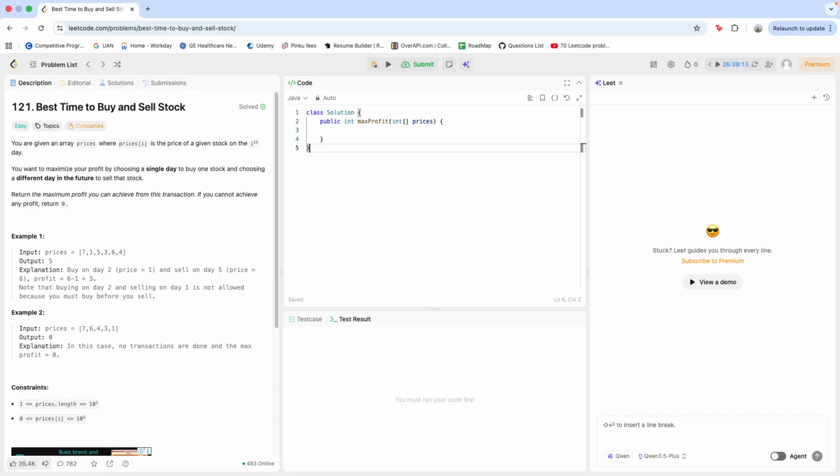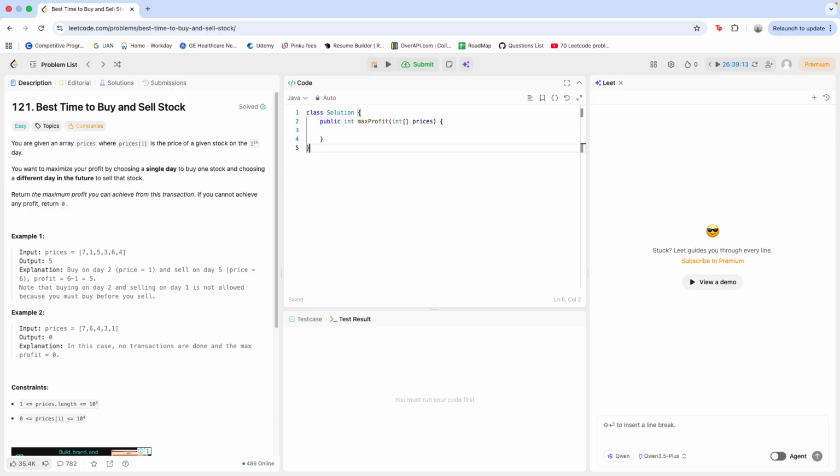For every pair, we calculate profit equal to sell price minus buy price. We keep track of the maximum profit, and the time complexity would be O of n square, because for every element we check all future elements. This works, but it is inefficient for larger inputs.